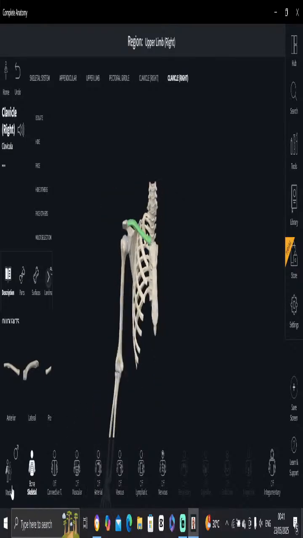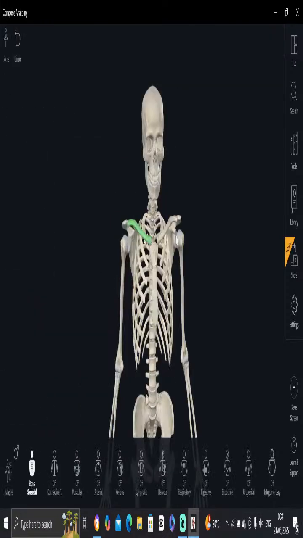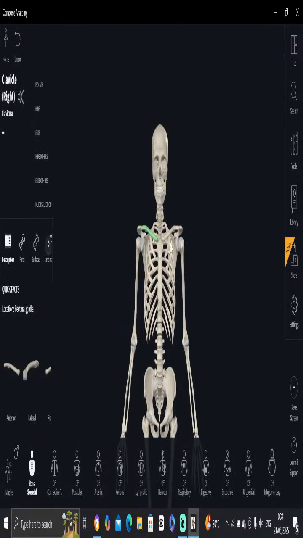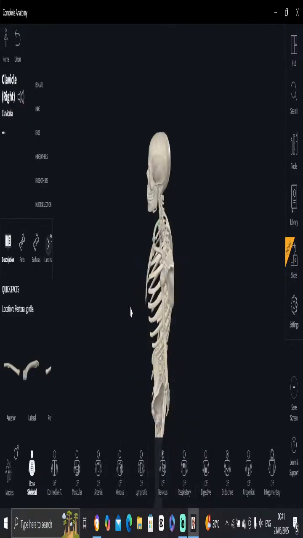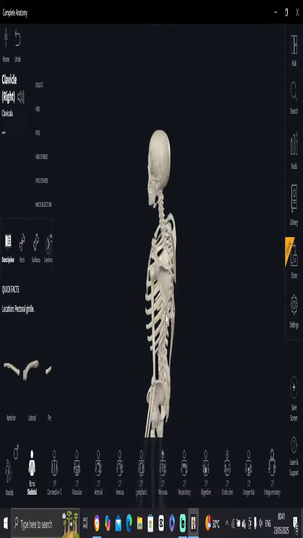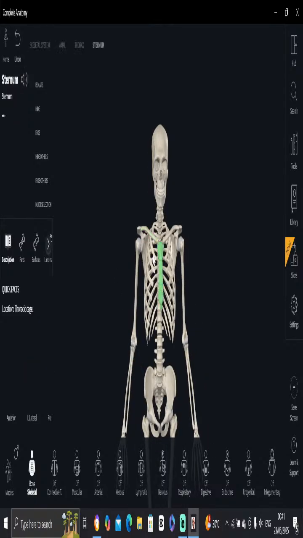If we can remember, the skeletal system can be divided into the axial skeleton, which is made up of the skull, the vertebral column, the breastbone, and also the ribs.